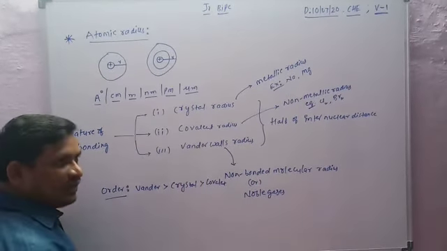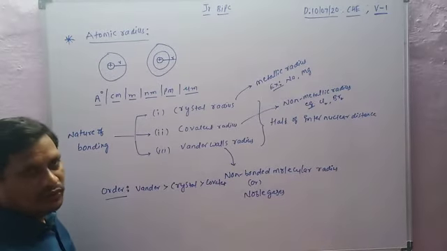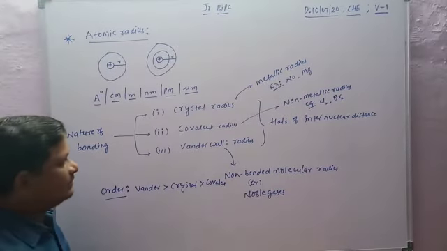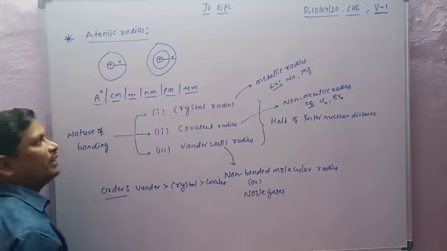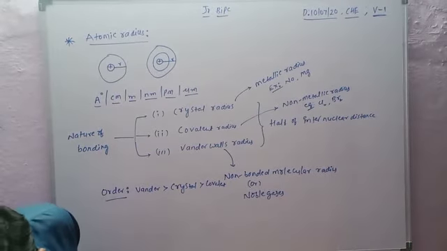Actually, van der Waals radius is about 1.4 times greater than covalent radius. This is the radius based on the nature of bonding.